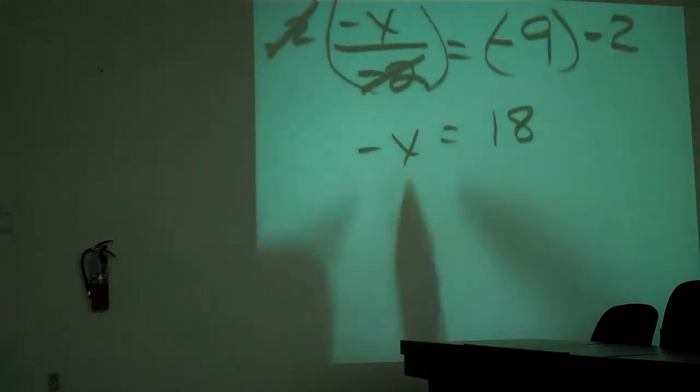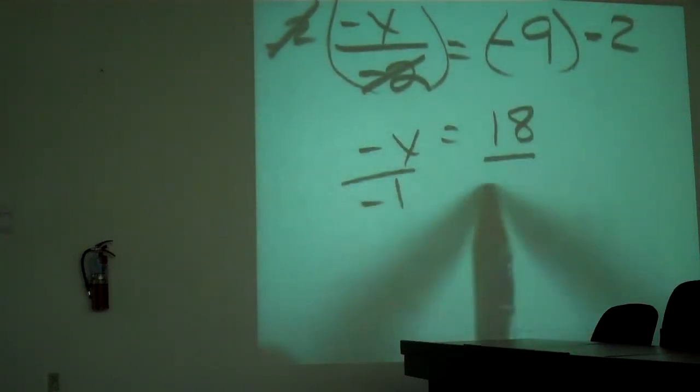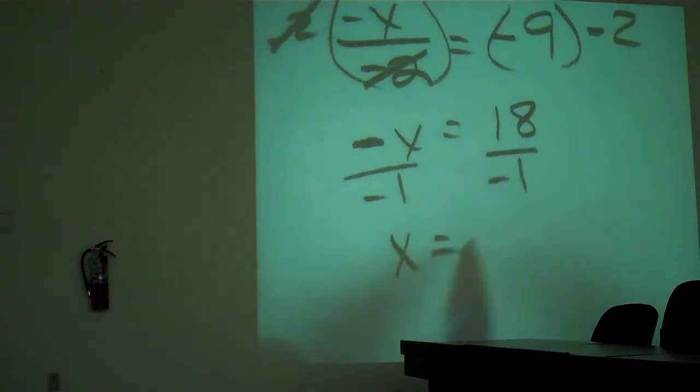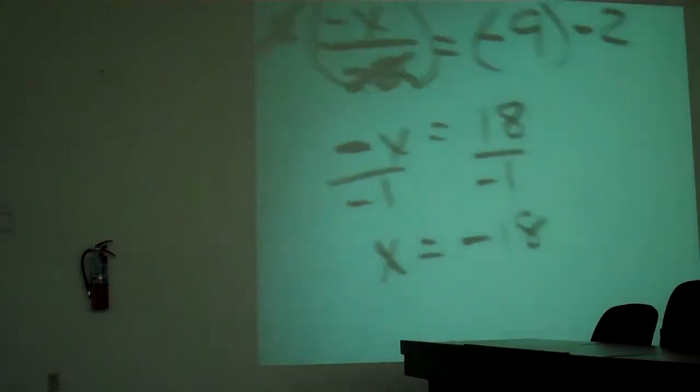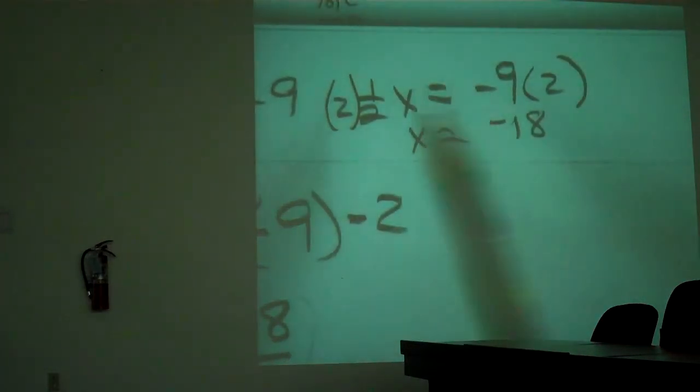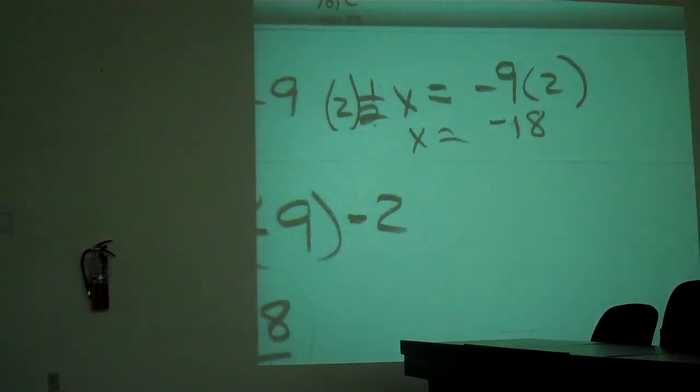And then you can divide by negative 1, or multiply by negative 1. You just need to multiply or divide by negative, so it'll turn into positive x. So this is negative 18. That's the same thing we got when we turned it into the 1/2 x. We still got the negative 18. Okay?